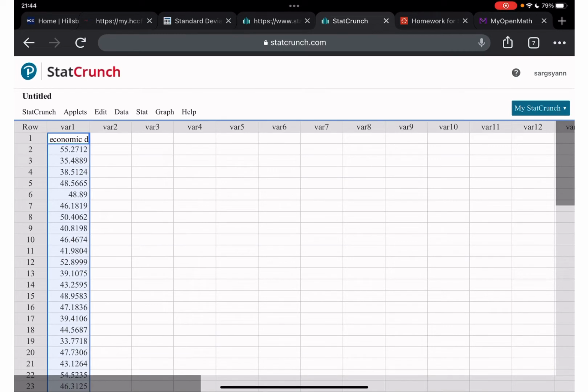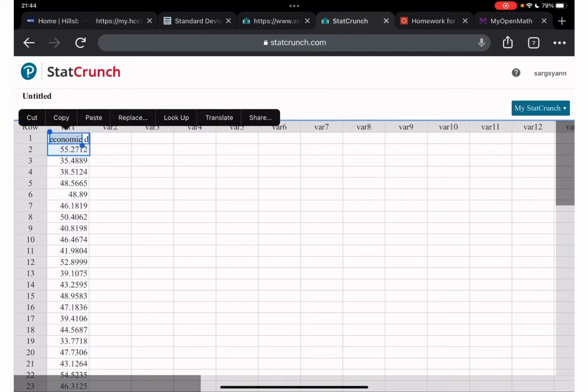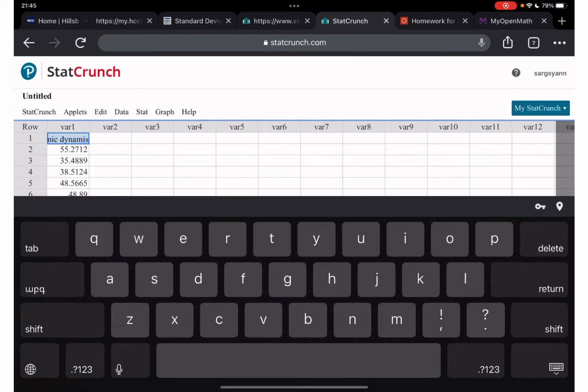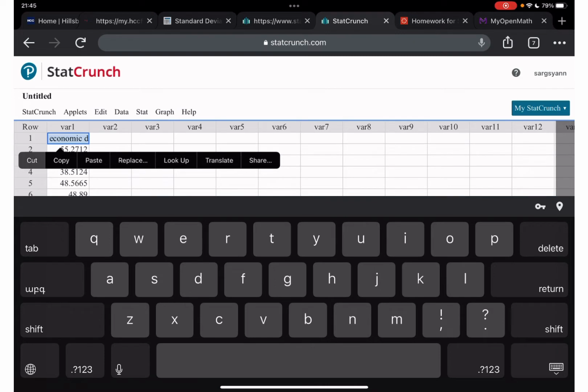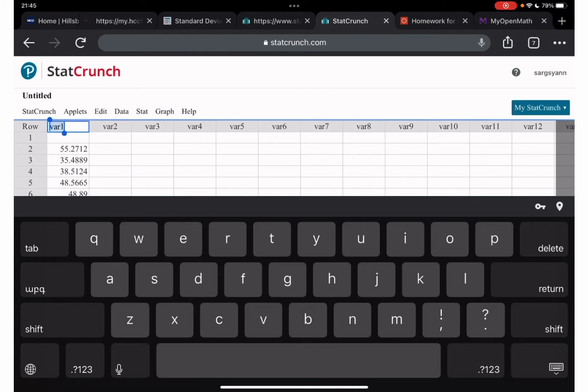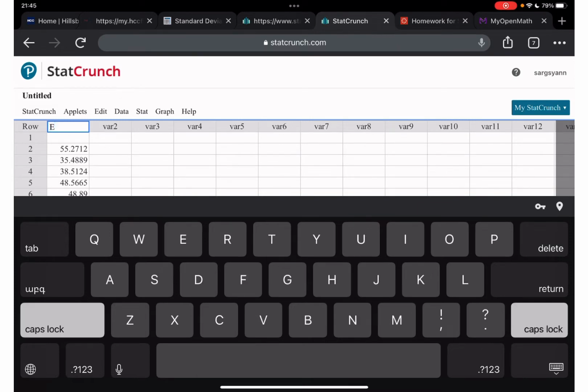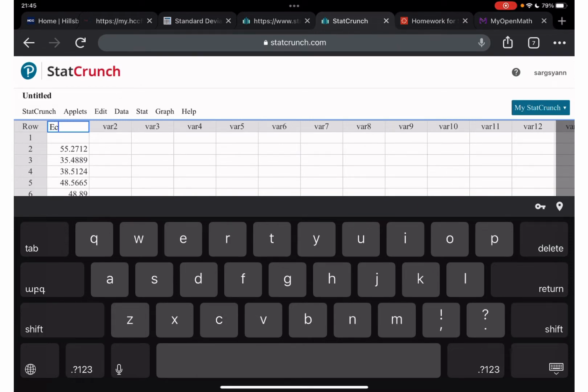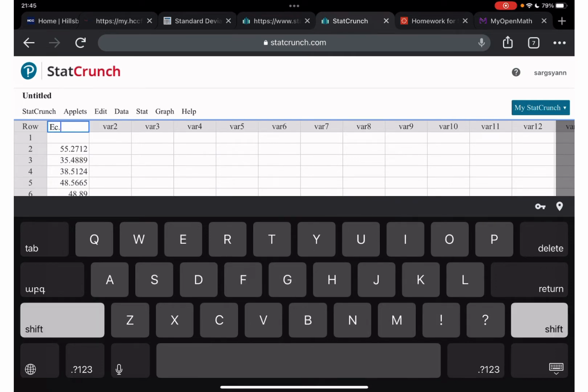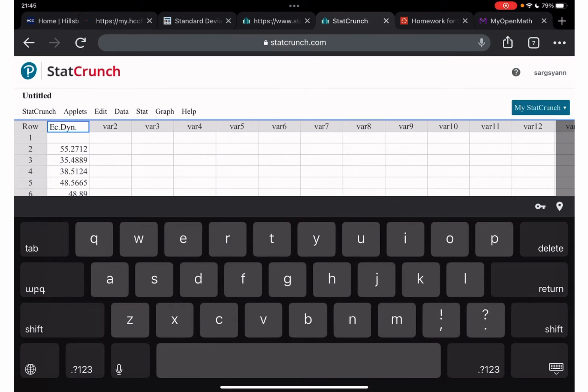So we're good. The only thing is economic dynamism. I'm going to move it into the title. Okay, cut. I'm going to paste here. Okay, I put economic, and here, dynamism. That's good enough.